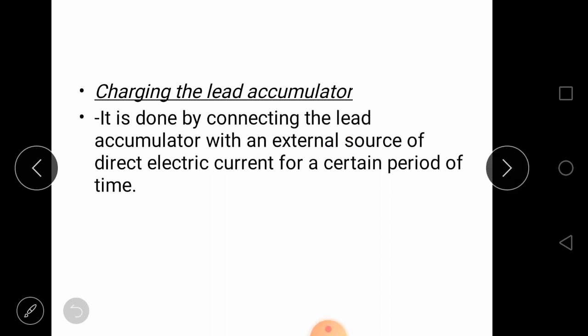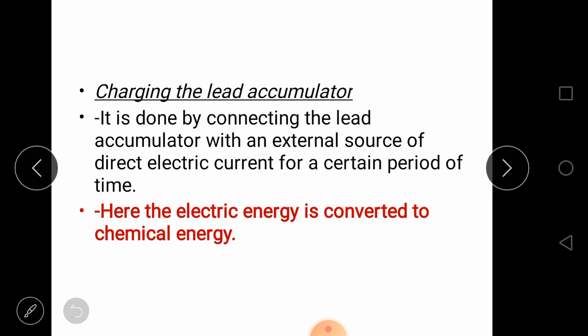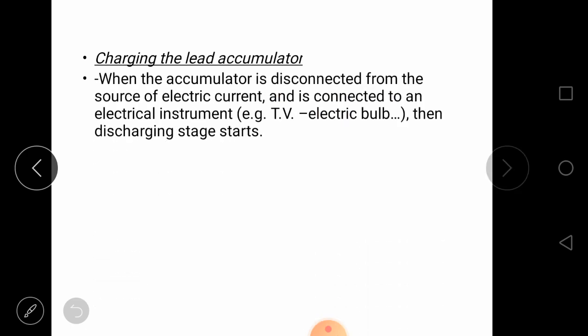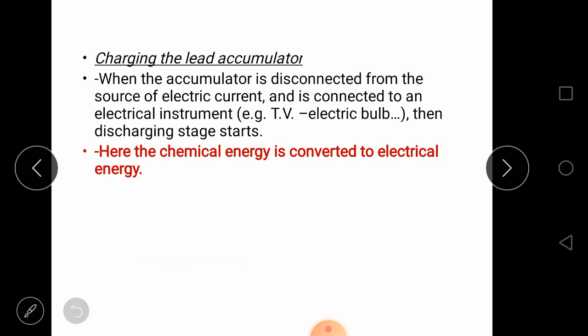Charging the lead accumulator: charging converts the energy from electrical to chemical. This is the main point, charging. Whereas discharging of the lead accumulator changes the chemical energy into electrical energy.